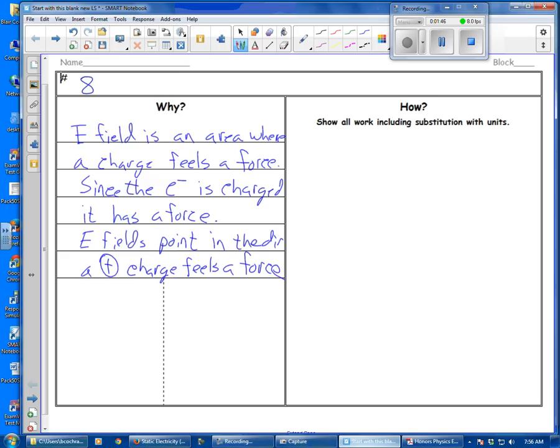And if you wanted to make sure that you covered all your bases, I had also mentioned that electrons have negative charge and one quanta of charge.